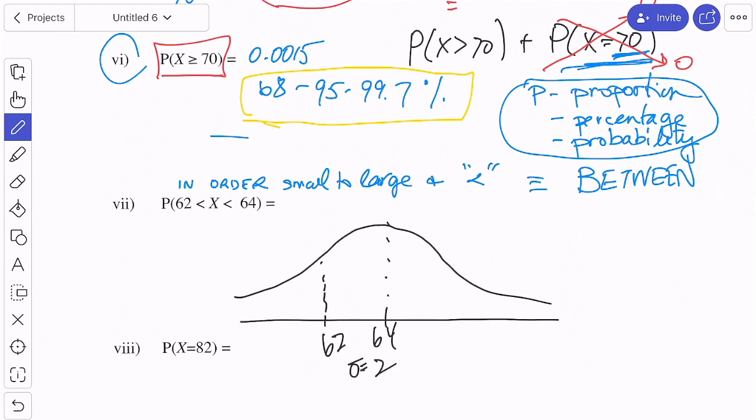To figure out this area, from the rule you know only that between here and here is 68% of the possible outcomes, but I want between 62 and 64.